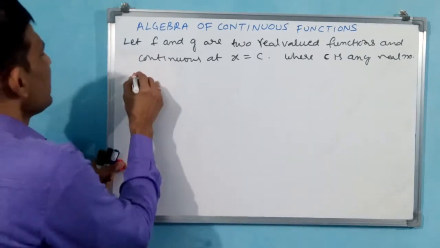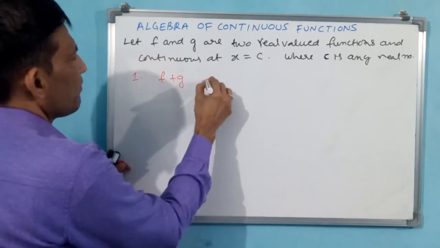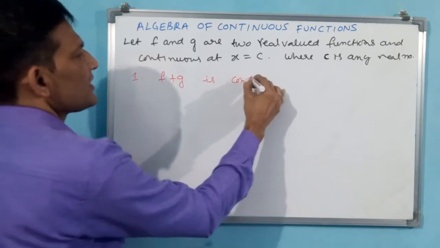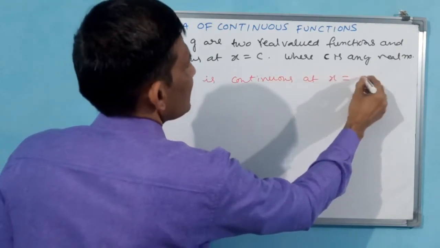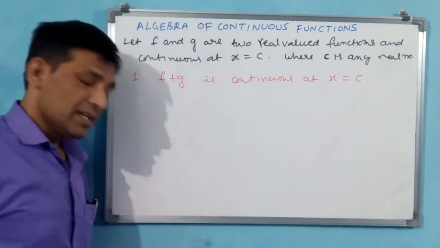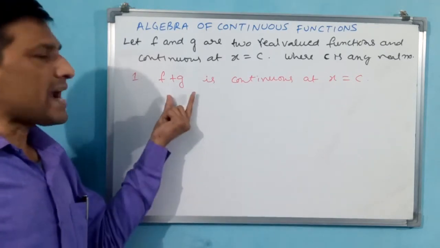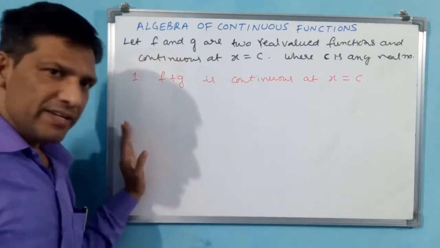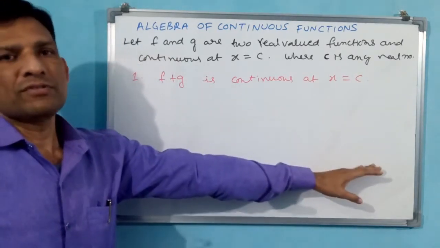Number one, f plus g is continuous at x is equal to c. First you understand this, then we will go further. f plus g means you are adding these functions. Separately f is continuous at x is equal to c, and g is continuous at x is equal to c.